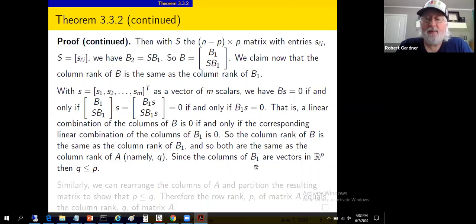So we're going to concentrate on B sub 1. That's the nice little one.